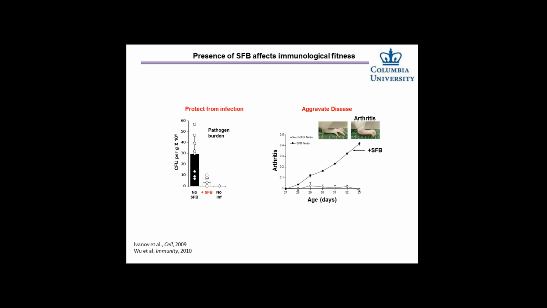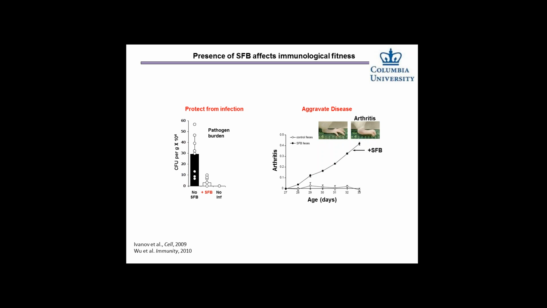So what is the biological consequence of having SFB? We could show that mice colonized with SFB are protected from infection with intestinal pathogens. In this case, on the left side, you're looking at an experiment just taking Taconic mice and Jackson B6 mice, or mice that don't have SFB and mice that have SFB, and infecting them with Citrobacter rodentium.